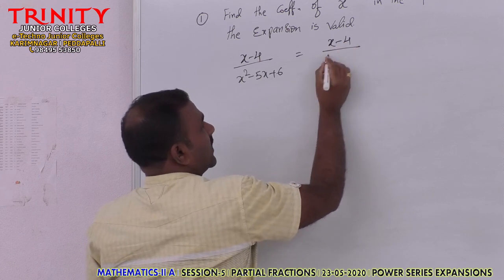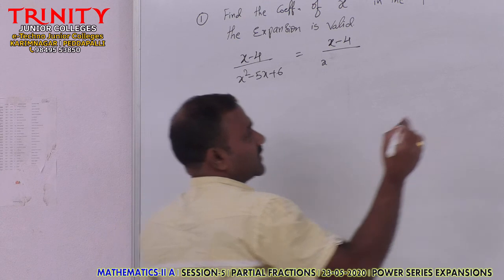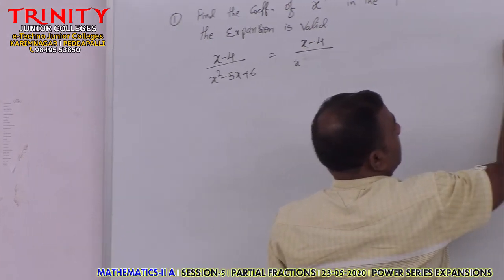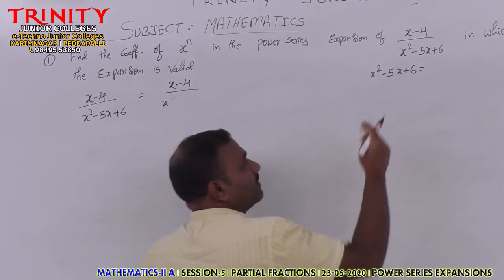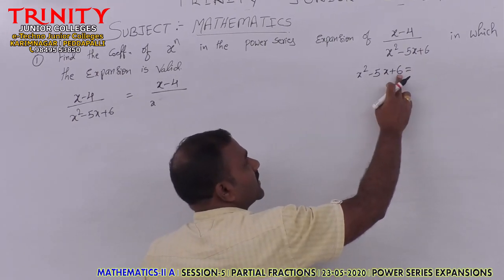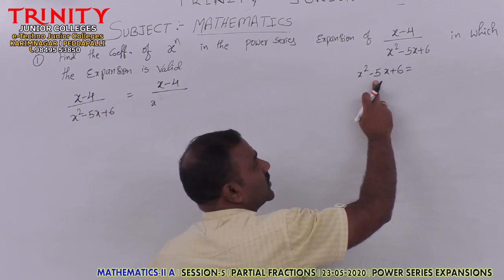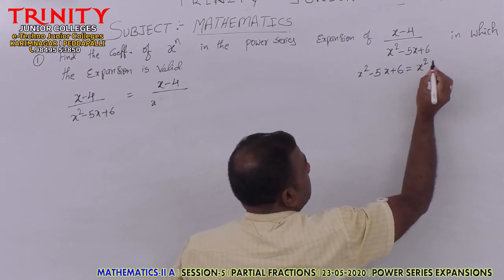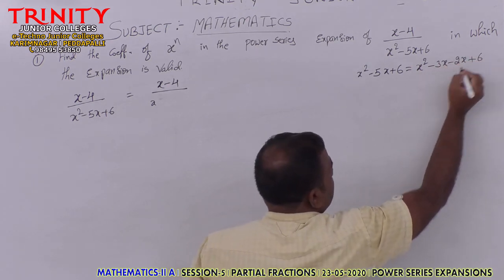X minus 4 by x square minus 5x plus 6. I am splitting the denominator into factors. X square minus 5x plus 6 is a quadratic expression. Now go for the product of the factors. 6 ones are 6, 3 twos are 6, and 3 plus 2 is 5. Then we can write this as x square minus 3x minus 2x plus 6.